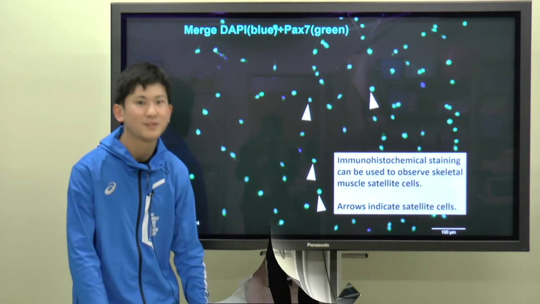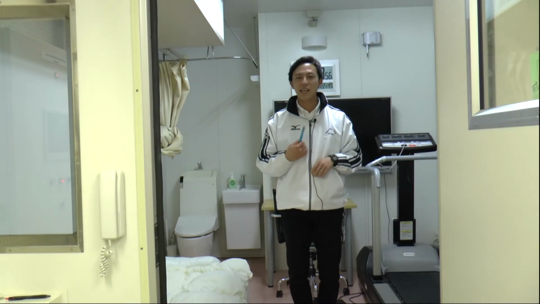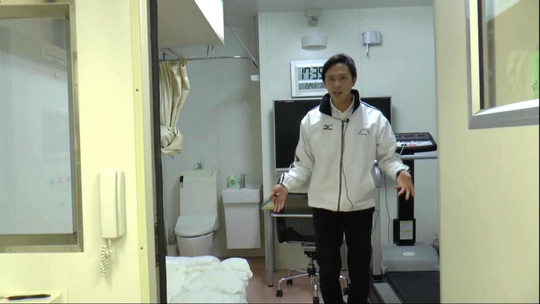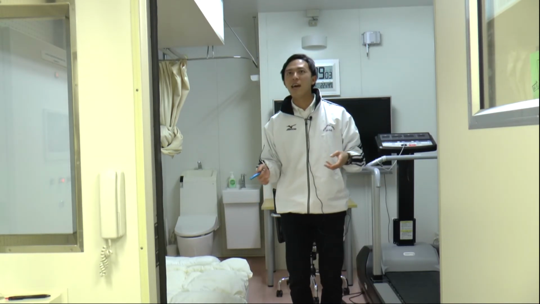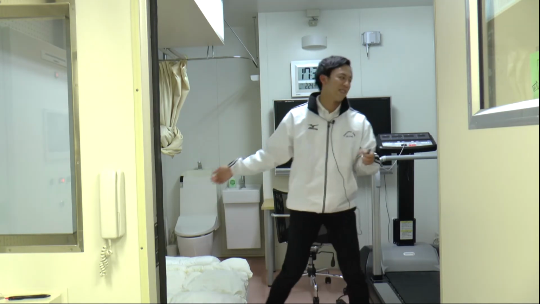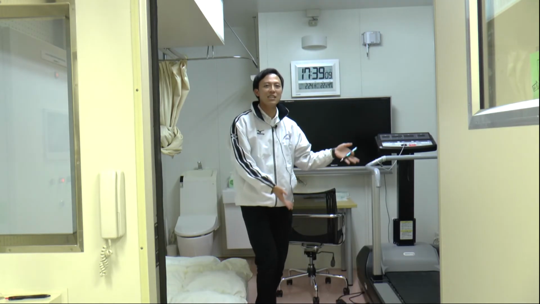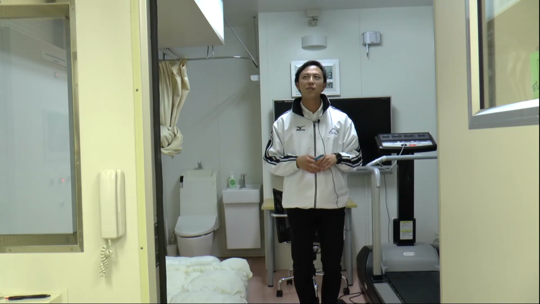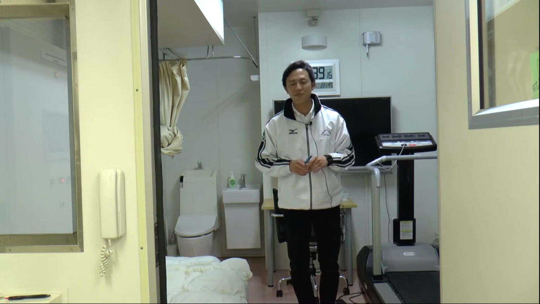Thank you. Hello, I'm Taiki Yamamoto, Fukuoka University teacher. This is a metabolic chamber. It is an airtight room equipped with a bed, toilet, treadmill machine, and so on. So study subjects can live for 1 or 2 days.